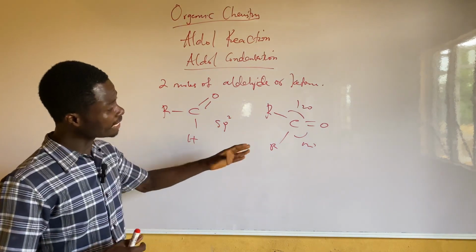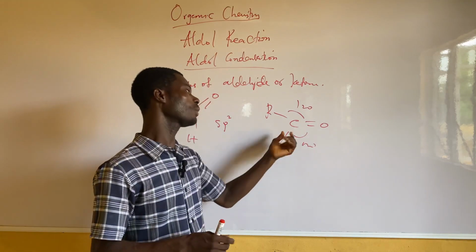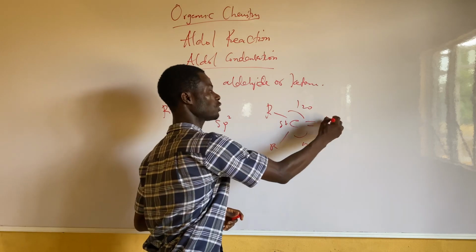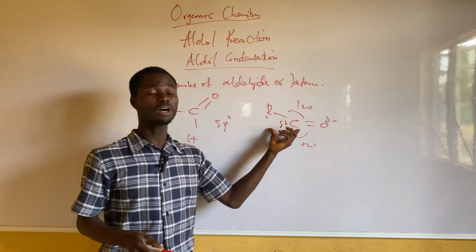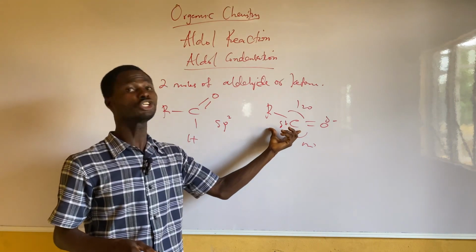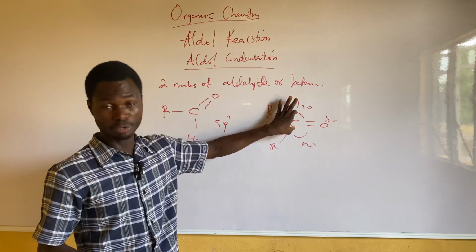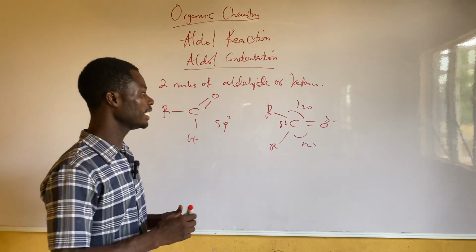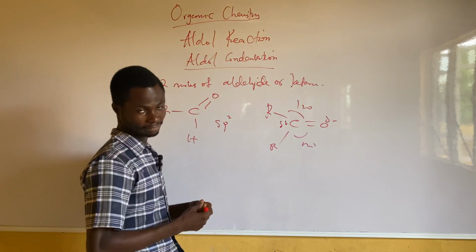Additionally, looking at this plane, you agree with me that if this is partially positive and this one partially negative, it's leaving room for a kind of nucleophilic attack on this carbon atom right here. So any nucleophile can come, and when it is coming, it's either attacking above or below the plane.